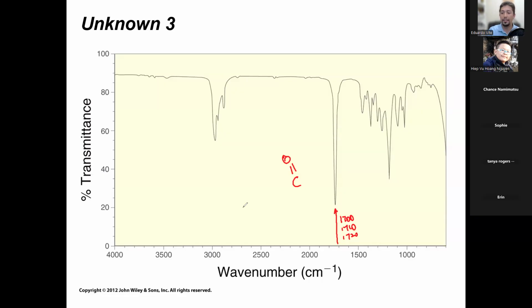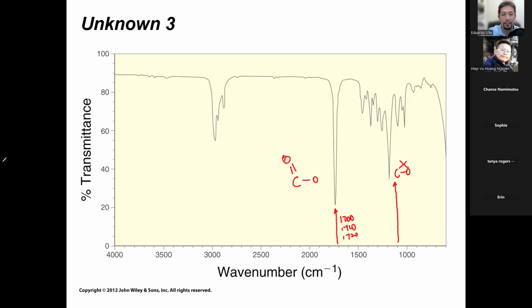Well, if we did, we would see it at 1100, right? So let's see, 1100's right here. We see something there, but it's not very strong because look at the strength of the carbonyl signal. Remember, carbon-oxygen is a very strong bond, single or double. So the intensity will be high, even if the wave number is lower. So here, this one is weaker. I don't think this is a carbon-oxygen single bond. So this is for sure not an ester.